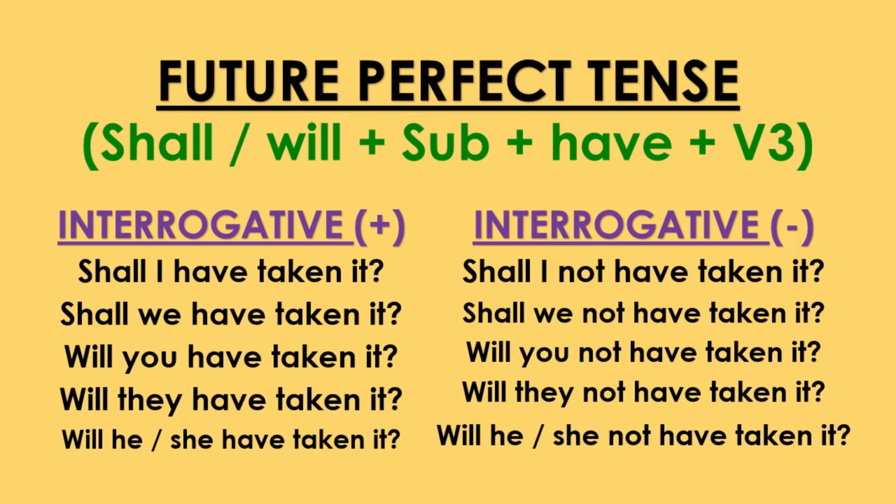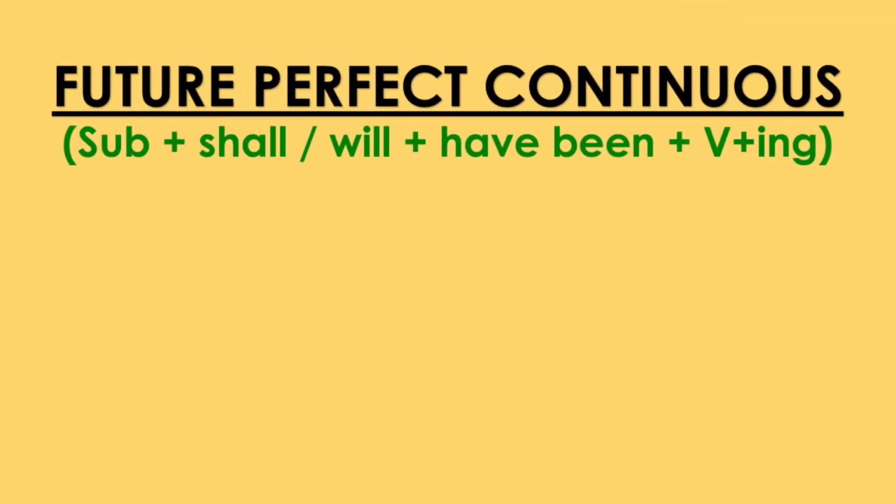Now let us move ahead and see how sentences are constructed in future perfect continuous tense. Before that, let me remind you once again what we exactly mean by the future perfect continuous tense.